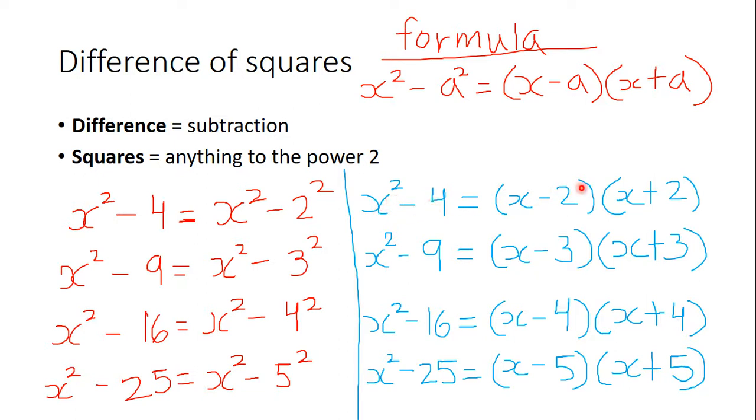So let me multiply these two so you could see that it's exactly x squared minus 4, and so that you can also understand what these things mean. This quantity is multiplied by this quantity, and this quantity is multiplied by that quantity, and this quantity is multiplied by this quantity. Okay, so let's do it.